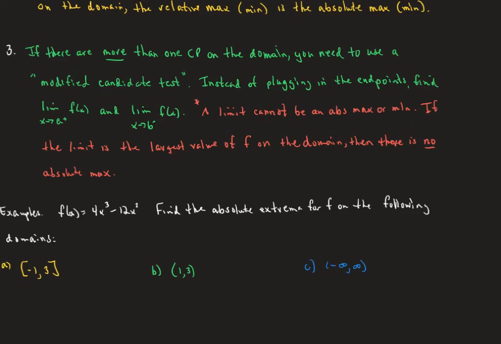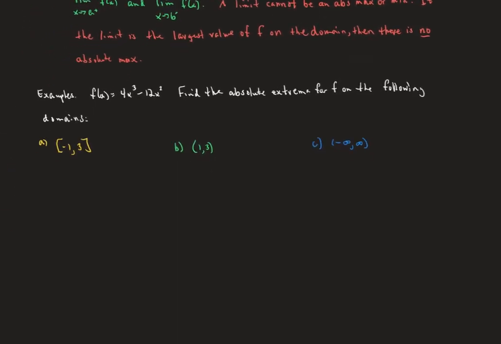But if we find that our limit is smaller than some of the other points, the critical points we evaluate, we can still make the case that that critical point that is larger than the limits is the largest y value and therefore is the absolute maximum. And similarly, we can argue that for the minimum. So it gets more complicated. Let's see an example of how this might look.